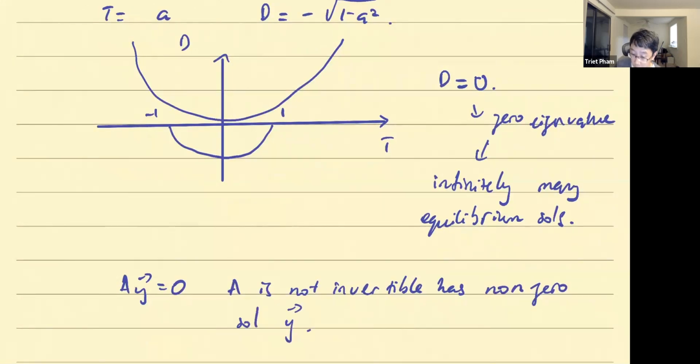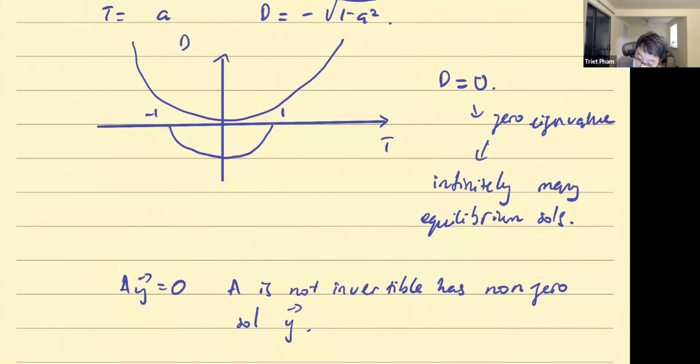Before, when the determinant is non-zero, you always have this matrix being invertible. So the only equilibrium solution is y equal to 0. But when the determinant equals 0, or A is not invertible, then you have a non-zero solution. And automatically you have infinitely many equilibrium solutions because any constant times this is also a solution.